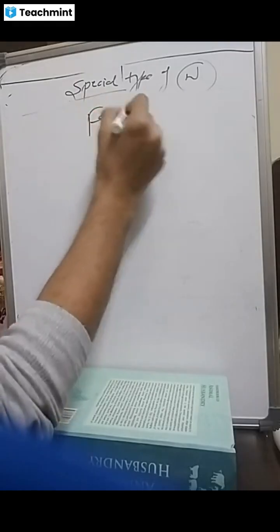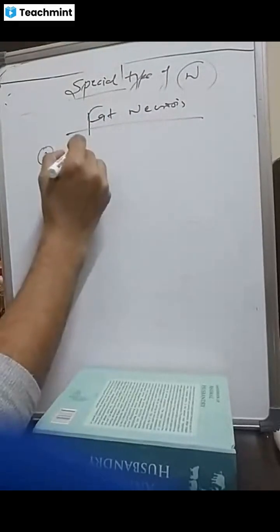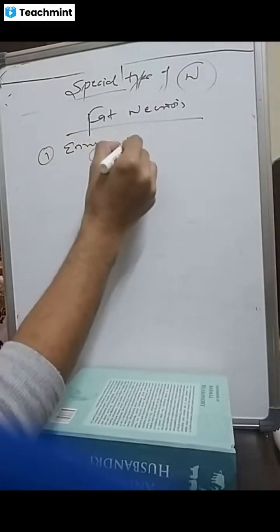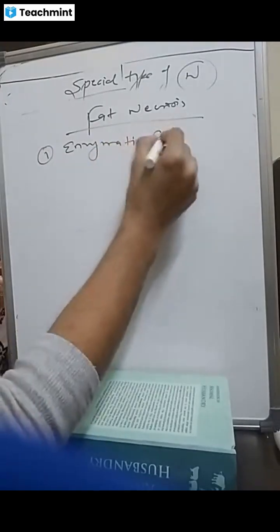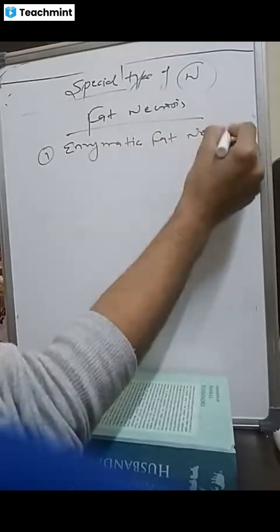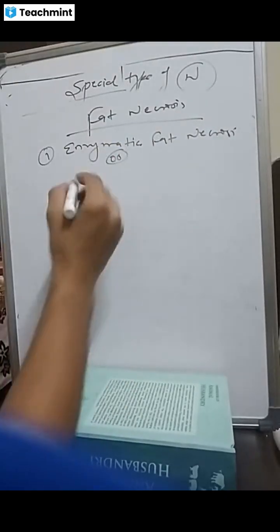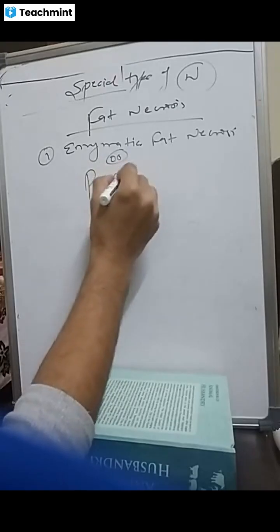So fat necrosis is of the following types. First is enzymatic fat necrosis. It is also known as pancreatic fat necrosis.